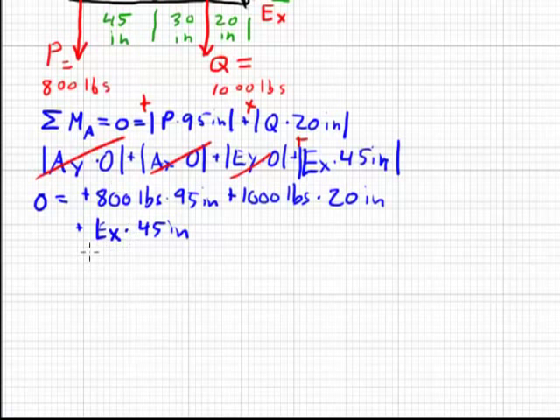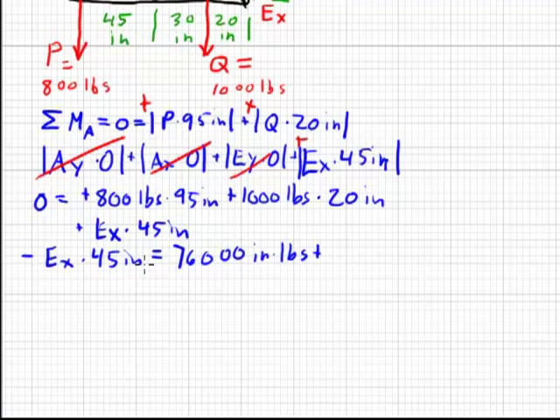If I subtract EX times 45 inches from both sides, I get negative EX times 45 inches equals 76,000 inch-pounds. That's from the 800 pounds times 95 inches, plus 20,000 inch-pounds, that's from the 1,000 pounds times 20 inches.